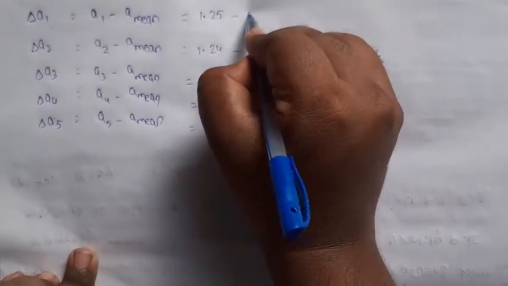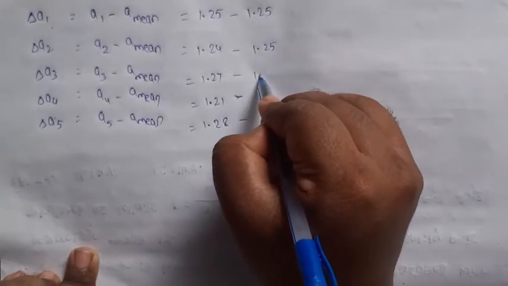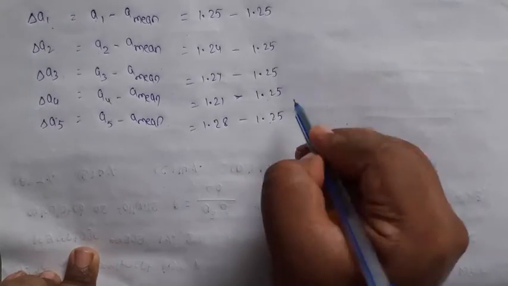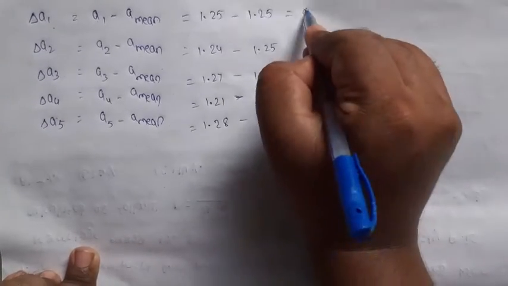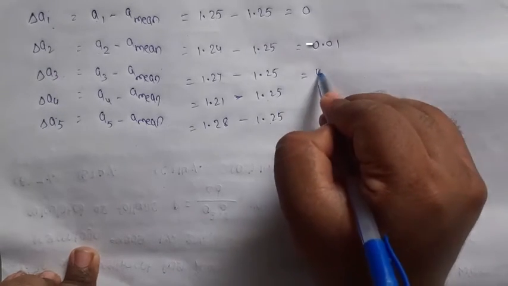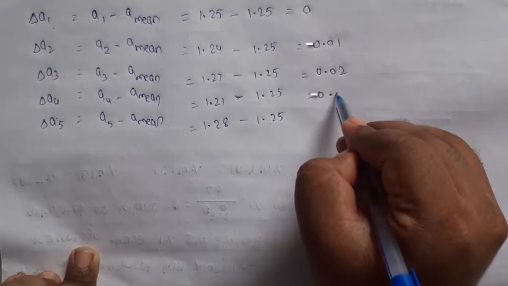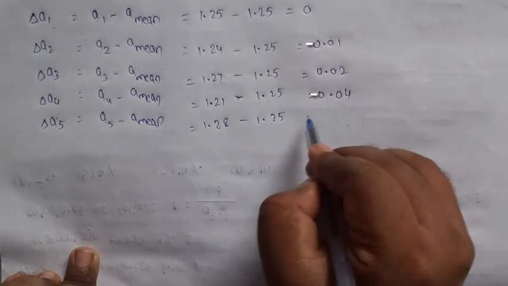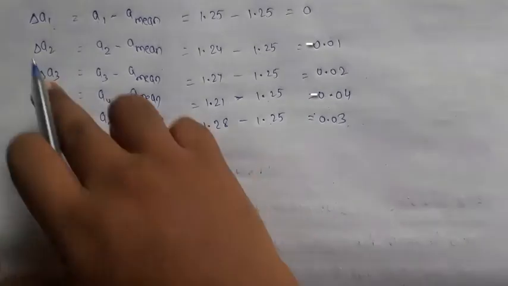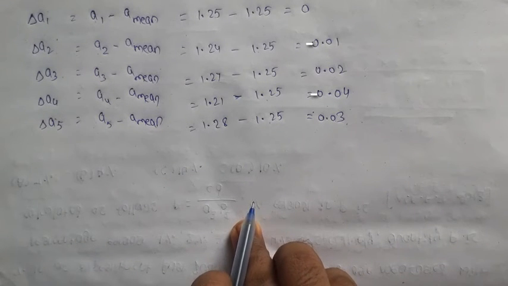The A mean original value is 1.25, 1.25, 1.25, 1.25, 1.25. Subtracting, here 0, here 0.01, here 0.02, here 0.04, here 0.03. These are the delta A1, delta A2, delta A3, delta A4, delta A5 values.